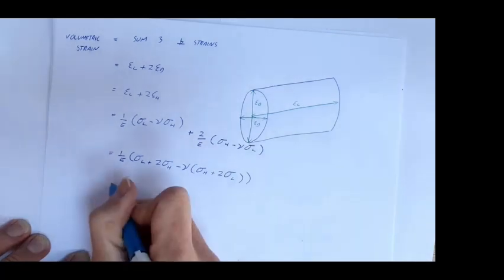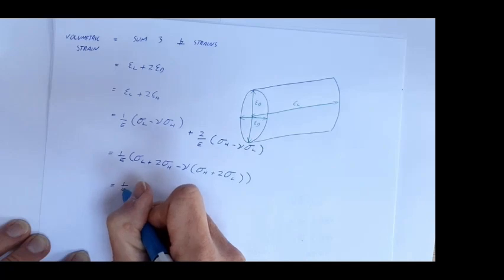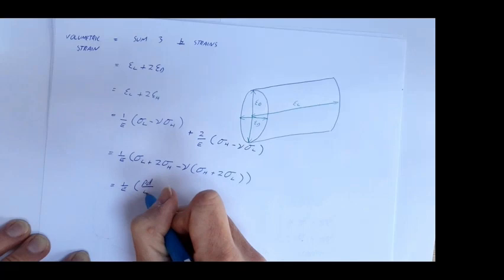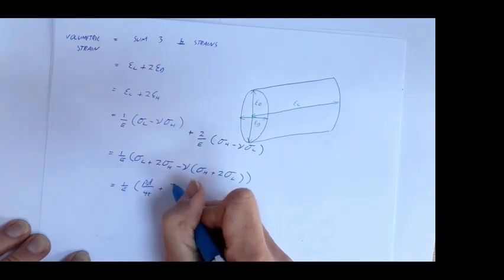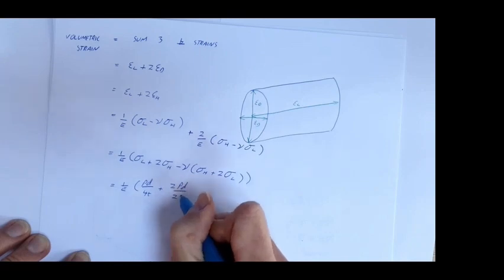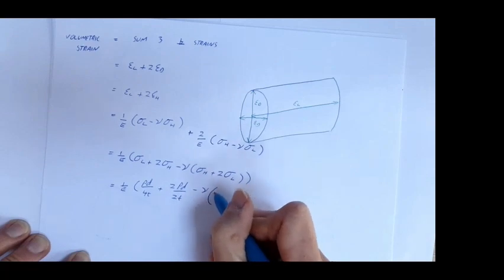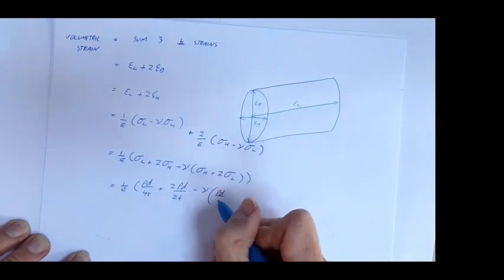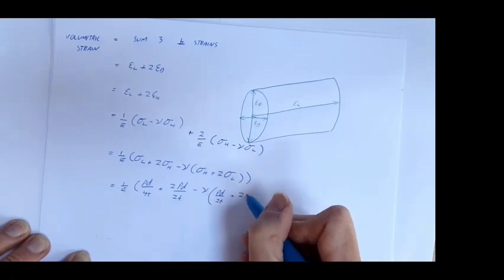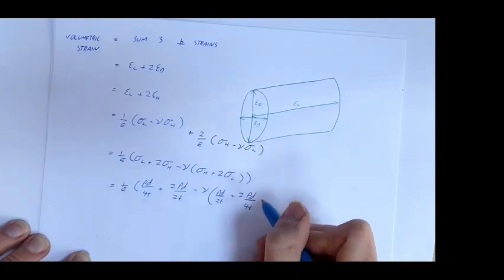Our longitudinal stress, we've already said, is PD over 4T. So that's 1 over E, PD over 4T plus 2 lots of our hoop stress PD over 2T, minus Poisson's ratio of our hoop stress PD over 2T plus 2 lots of our longitudinal stress PD over 4T.